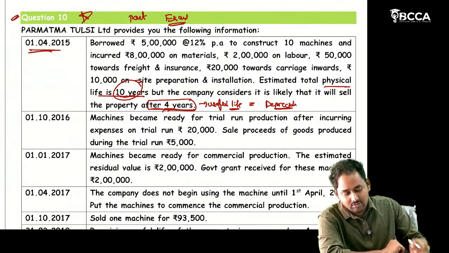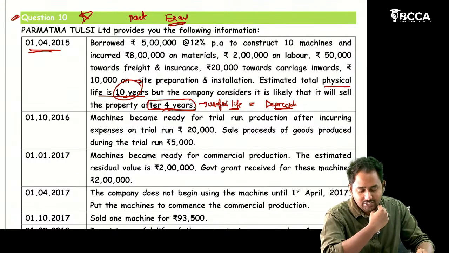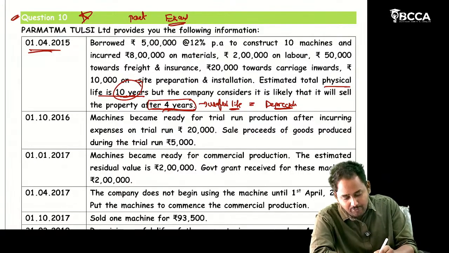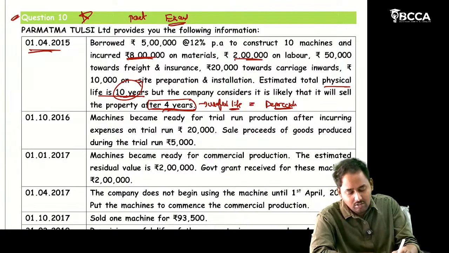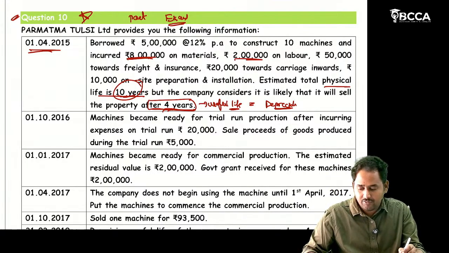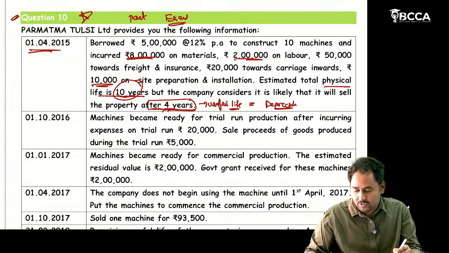So 4 years. Then second element, at what cost should the asset be recognized on 1/4/15? Materials 8 lakh plus 2 lakh labor, 50,000 freight and insurance, 20,000 carriage inwards, and 10,000 site preparation.